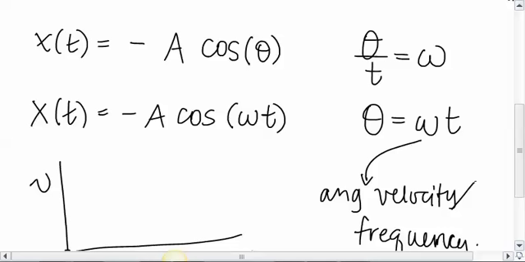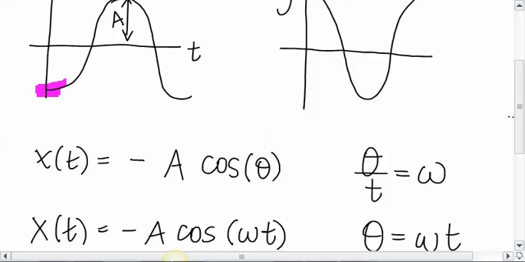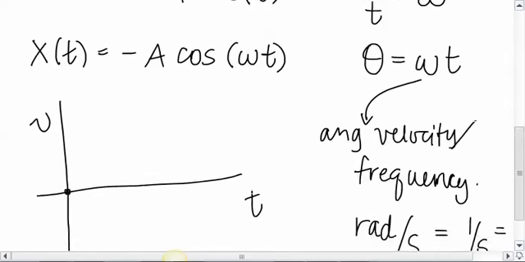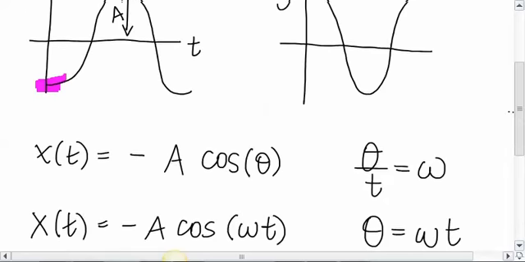No? Yes? Okay. So we're going to convert it into a unit that tells us about the motion, because if this omega is small, or if it's large, it will affect the shape of our graph. If our angular frequency is high, it'll be squished up. If it's low, it'll be spread out.